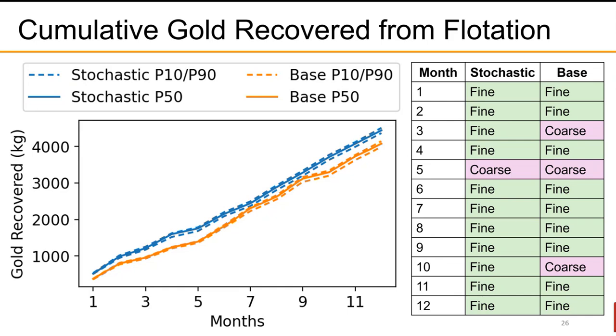Based on the risk profiles, having the information of the full range of uncertainty in those processing performances, the stochastic schedule, which was able to see those while optimizing, has created a schedule that yields consistently more gold.